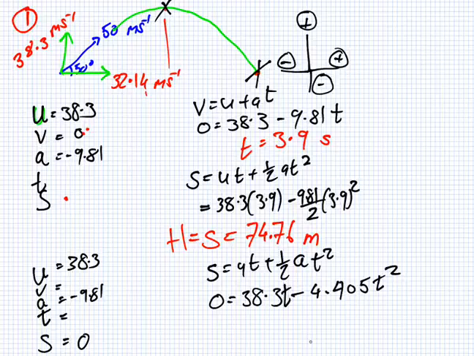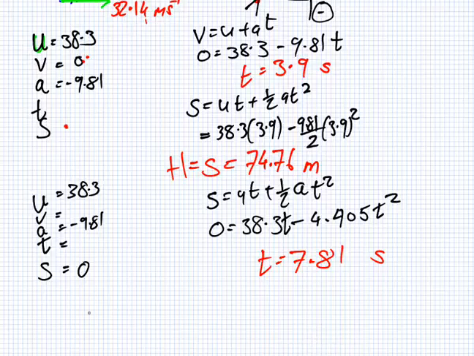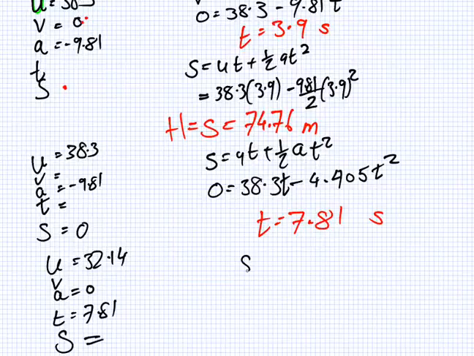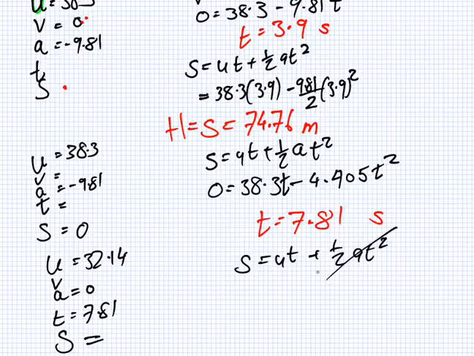So I get 0 equals 38.3 T minus a half of A, so that's 4.905 T squared. So here, I think this is what you got, Amanda, 7.81 seconds.